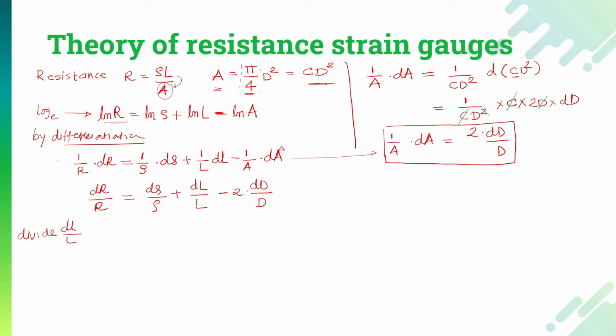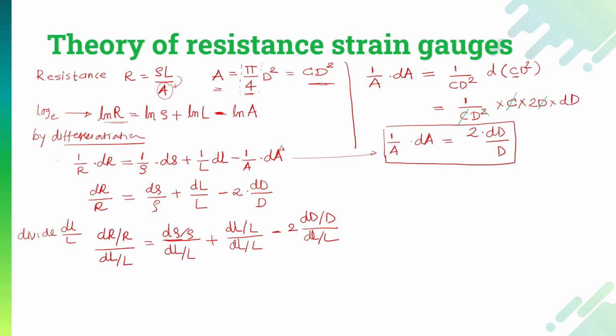So what am I going to receive? I am going to receive dr by r divided by dl by L is equal to d rho by rho divided by dl by L plus dl by L divided by dl by L minus 2 times d'/d divided by dl by L. This is what I have received.